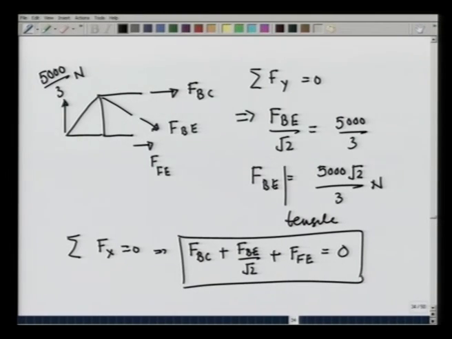Only FBE is known, and therefore, I get a relationship between FBC and FFE. From this equation I cannot get it. So, what I will do is instead go to the torque equation about this point.